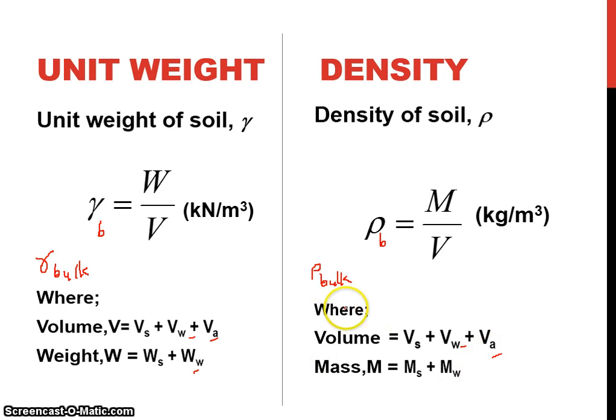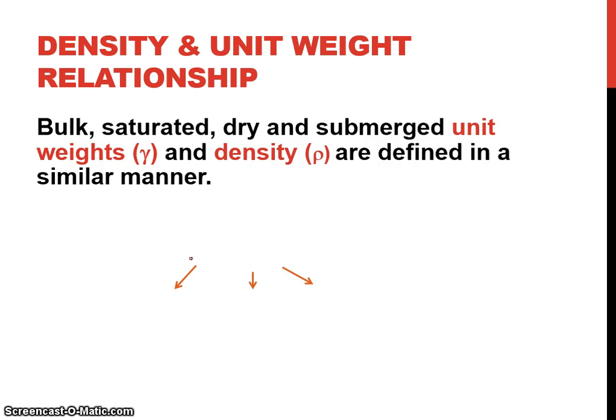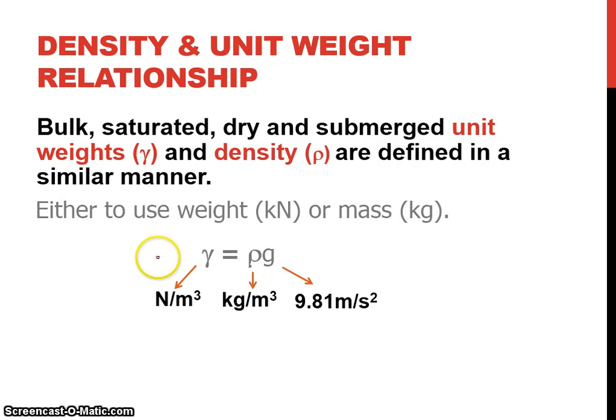So gamma bulk. Later we can see gamma dry, the dry state of soil, and also gamma saturated. Similarly, density and unit weight can be addressed in the bulk, in saturated, and also dry, and also submerged.